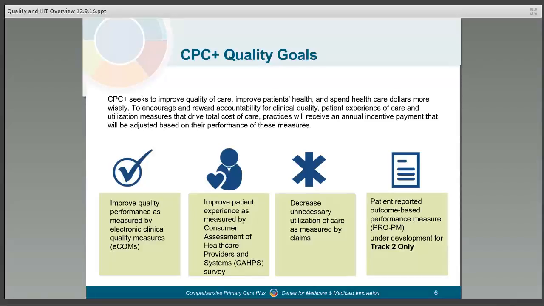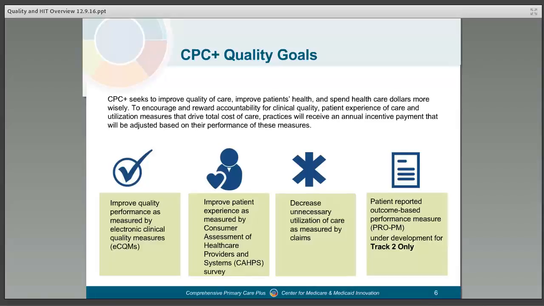And we're also looking at utilization. One of our main goals is to decrease unnecessary utilization of care, and so we'll be assessing utilization of care in this model. And then finally, for track 2 only, we're going to be working to develop a patient-reported outcome performance measure.